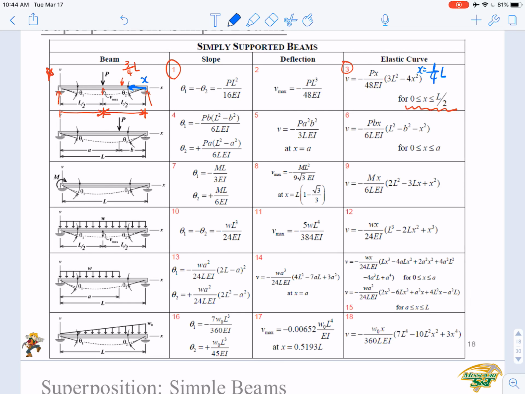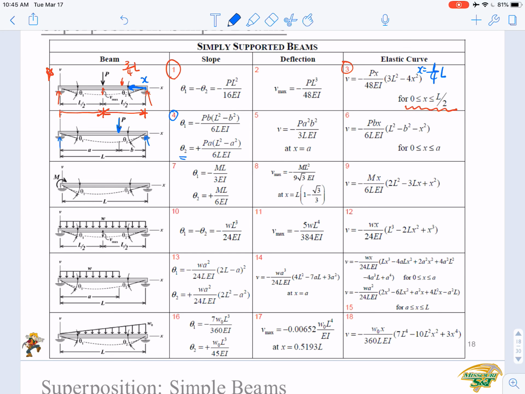Right, then in the second example, when you have a simply supported beam where a concentrated load P is applied at a random point, with distance a to the left-hand side and b to the right-hand side. In the same way, you can see equation 4. Using equation 4, you can determine the slope at this support and the slope at this support. Again, on the left-hand side, you have a negative slope, and on the right-hand side, you have a positive slope.